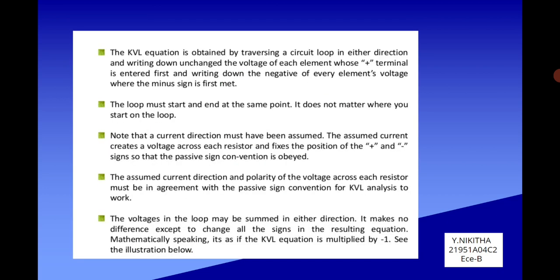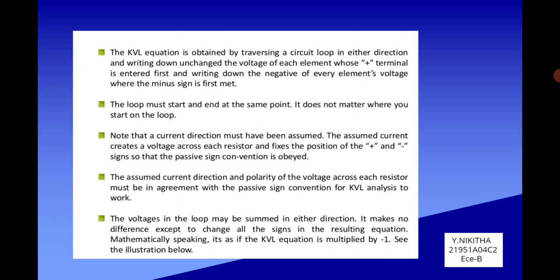The KVL equation is obtained by traversing a circuit loop in either direction and writing down unchanged the voltage of each element whose plus terminal is entered first, and writing down the negative of every element's voltage where the minus sign is first met. The loop must start and end at the same point. It does not matter where you start on the loop.